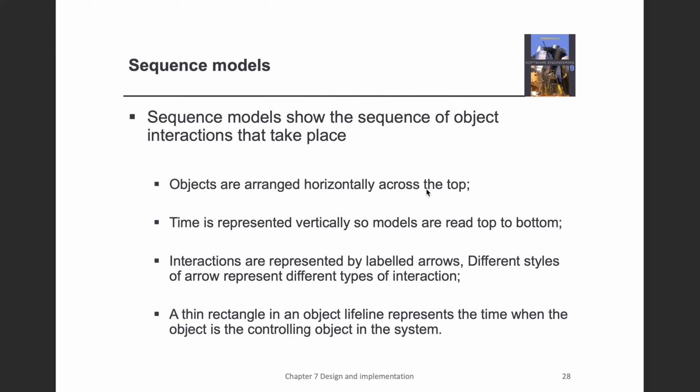Interactions are represented by labeled arrows, and different styles of arrows represent different types of interaction. We will see that in the next slide, where we look at this diagram and how it has been done. And then a thin rectangle in an object's life line represents the time when the object is controlling objects in the system.